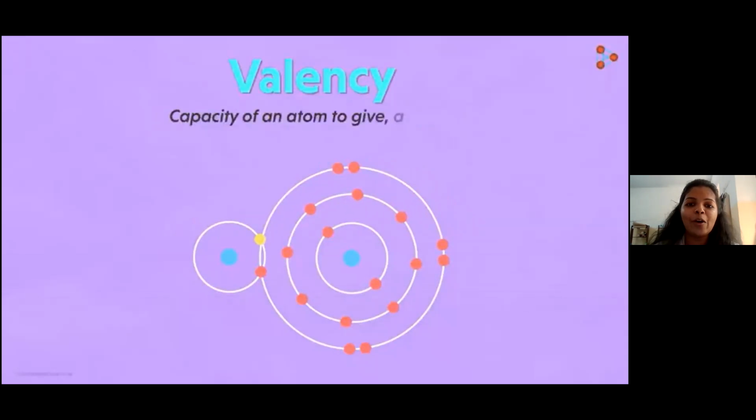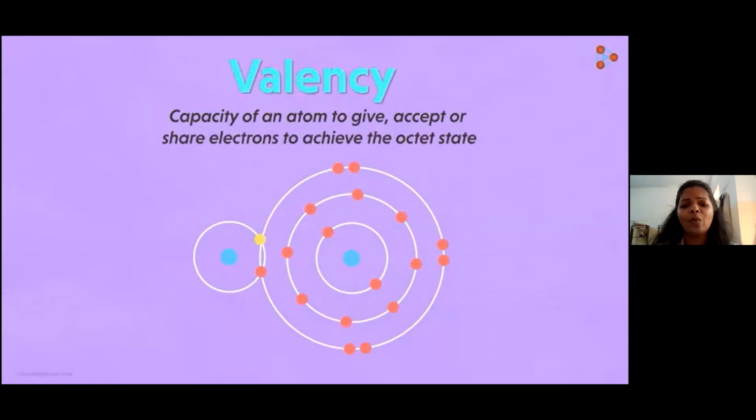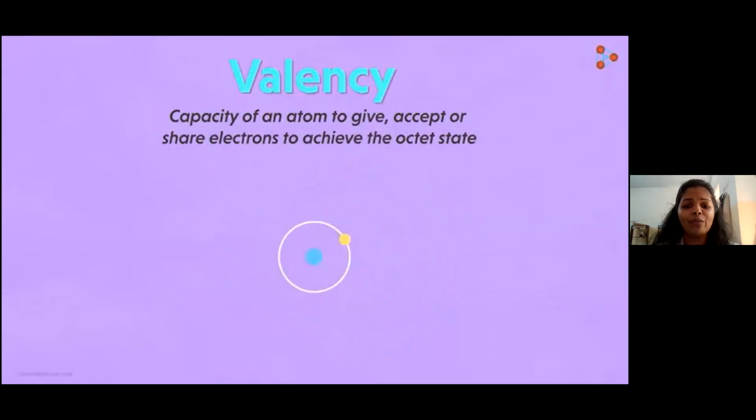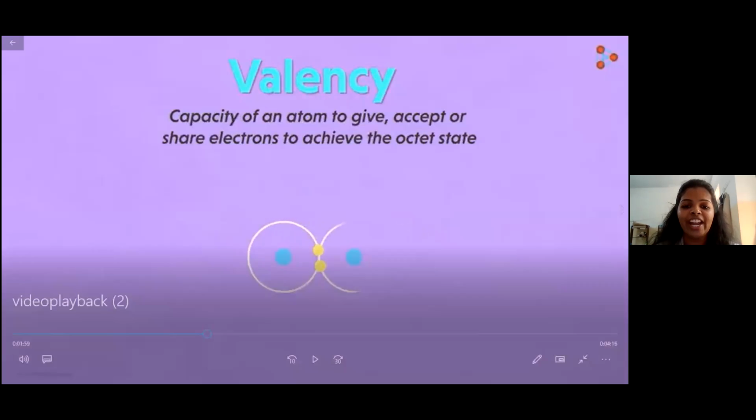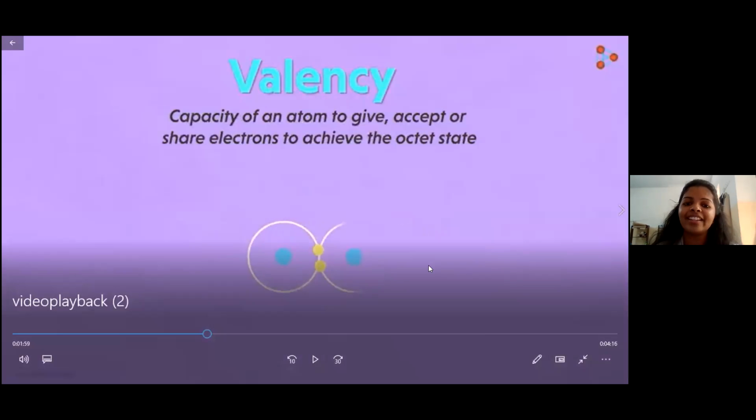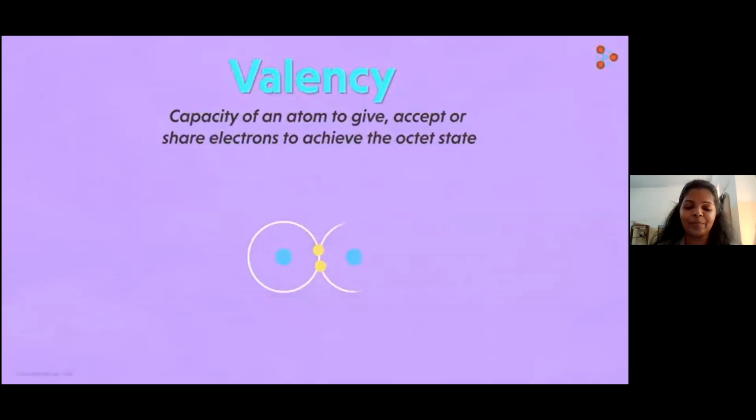The capacity of an atom to give, accept, or share electrons to achieve the octet state is called valency. Then what happens if there is only one shell in an atom? The 2 electrons are shared by the 2 atoms and it forms a stable state.